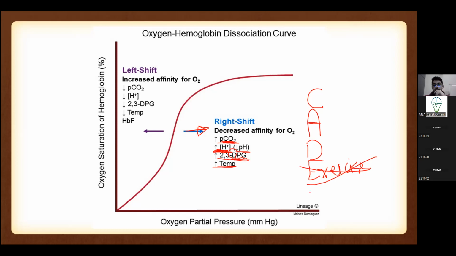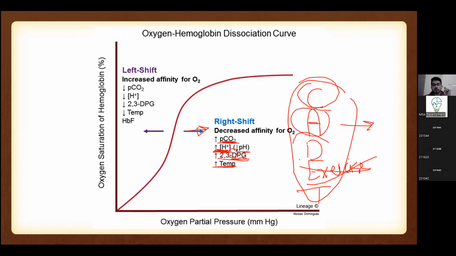Okay. The last one is temperature. So this CADET faces right. So you can understand from this mnemonic that when carbon dioxide increases, or when we have acidity, when diphosphoglycerate increases, or when we have an increase in temperature, these factors are going to cause a shift to the right or a decrease in affinity. Okay, so this summarizes the whole last 4 slides. You guys need to be really good with these ideas because these are very important, and most of the questions about this lecture are going to be about the shift to the left or shift to the right.